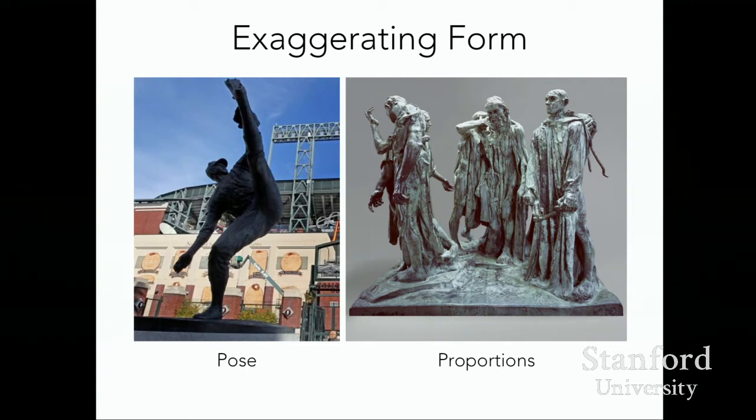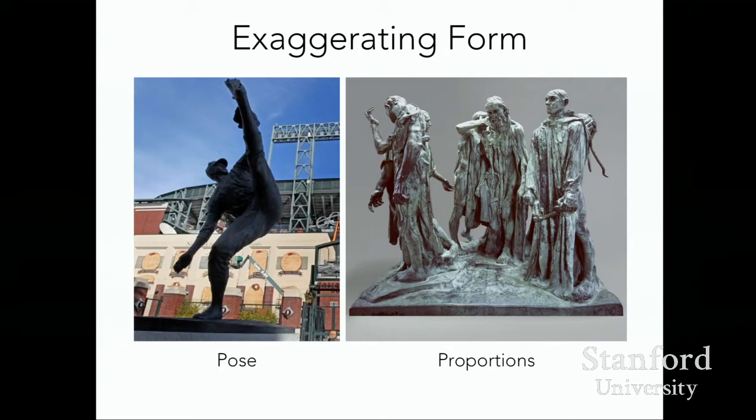And here the pose of this pitcher is being exaggerated to really emphasize the tension in this moment right before the pitch is thrown. Actually, I looked up this particular pitcher because I was curious after I saw the sculpture, and this is actually not exaggerated that much. This pitcher has a very particular pitching motion, but it's exaggerated to some extent.